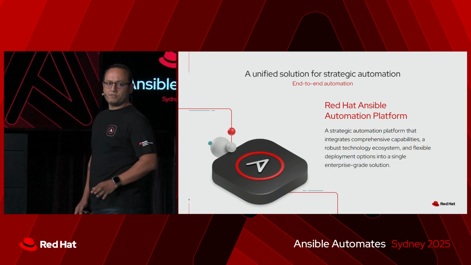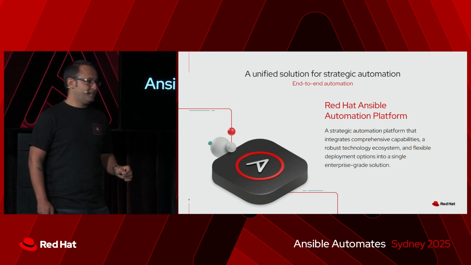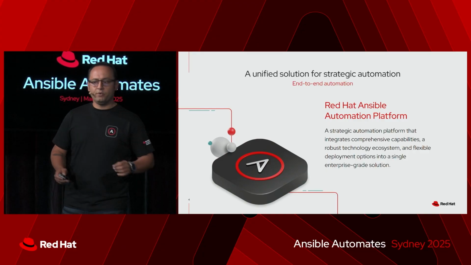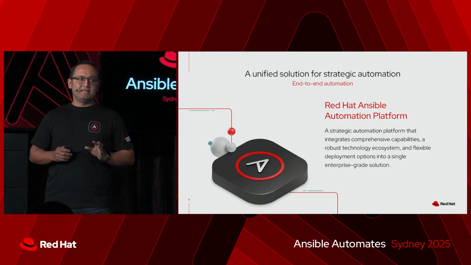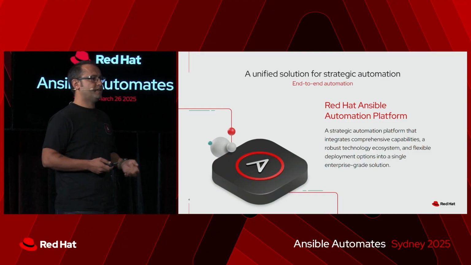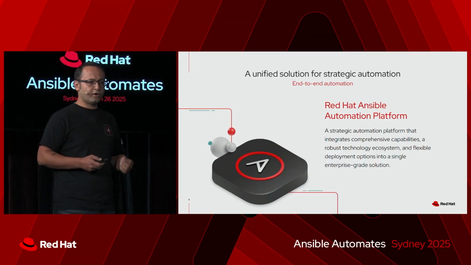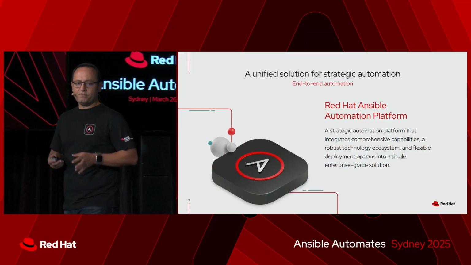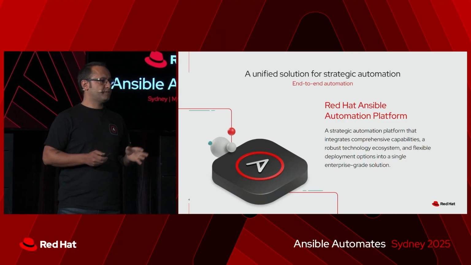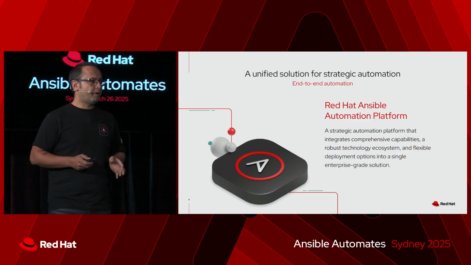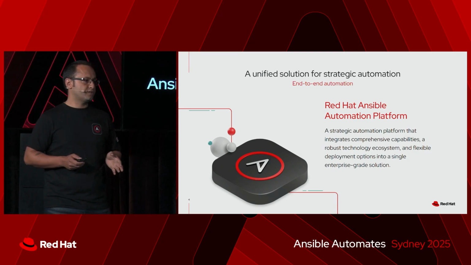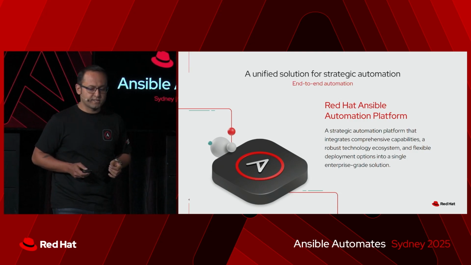It's a unified enterprise-grade solution for strategic automation. What does that really mean? It means that whether you're doing standard automation, or event-driven automation, or you're writing, managing, or creating your content, which is your automation code, this is a platform that offers great flexibility and integration capacity with different vendor technologies, backed up by a massive number of certified collections, which we're going to talk about a couple of slides later.